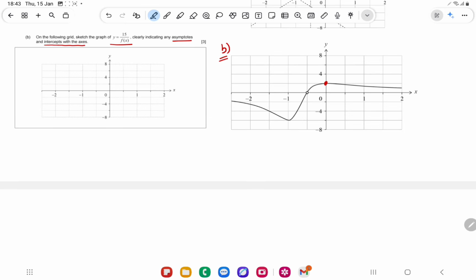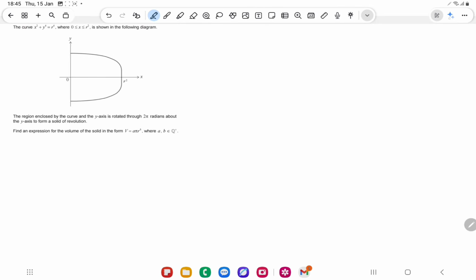You can see one axis intercept over here, and since at x equals minus 1 by 2 we had the asymptote, it is drawn as an open circle. It means this value is not included. And we have to include local extremas also. So this is how we will be drawing the graph.